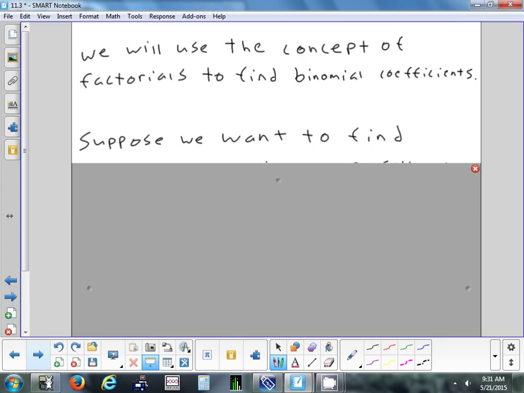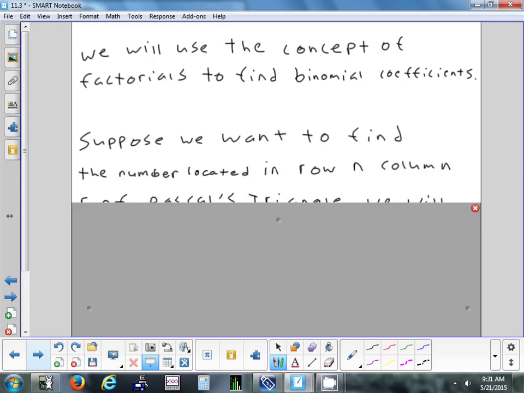All right, so we can use the idea of factorials to find our coefficients, instead of Pascal's triangle. Suppose you want to find the number that's in row n, column r.